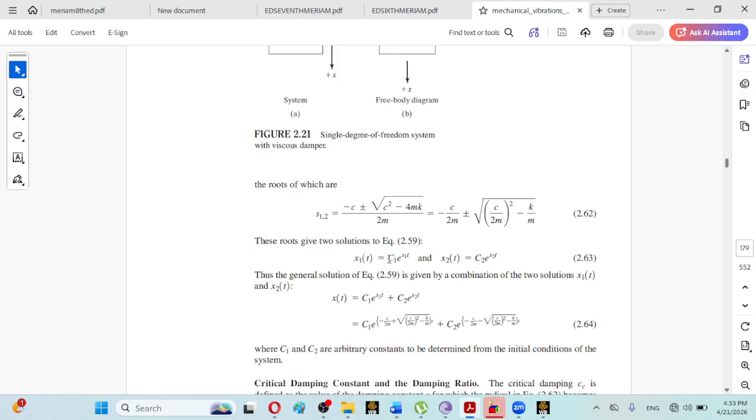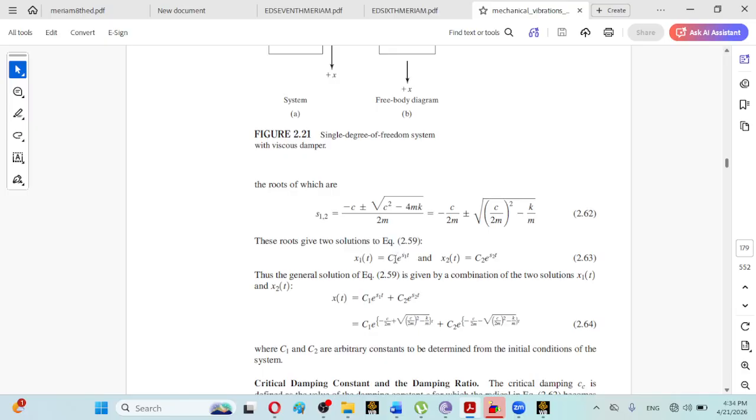The independent solutions of a homogeneous second order linear differential equation can be summed up linearly to give the solution for the original equation itself.